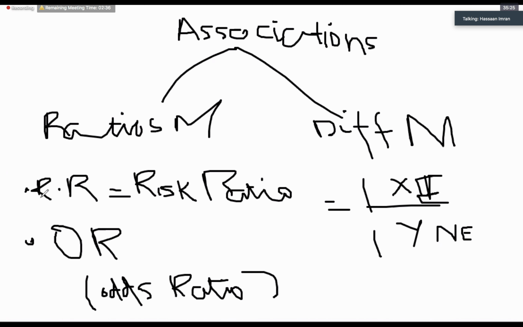So the other term used for relative risk is risk ratio, and the other term that is used for odds ratio, you just write it down with me. We'll talk about odds ratio in detail, inshallah. It is also known as relative odds.